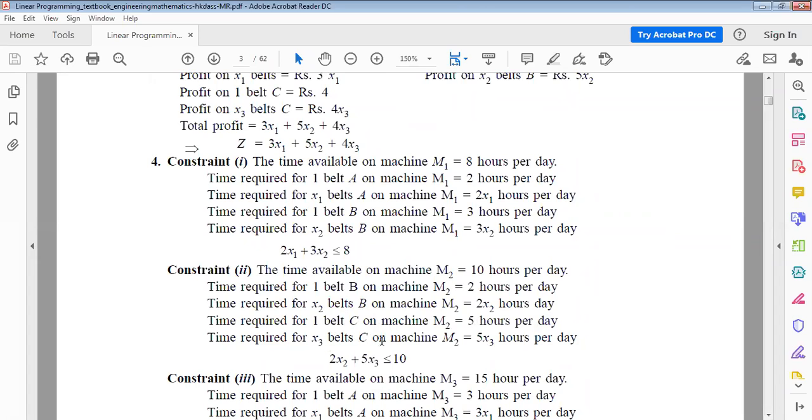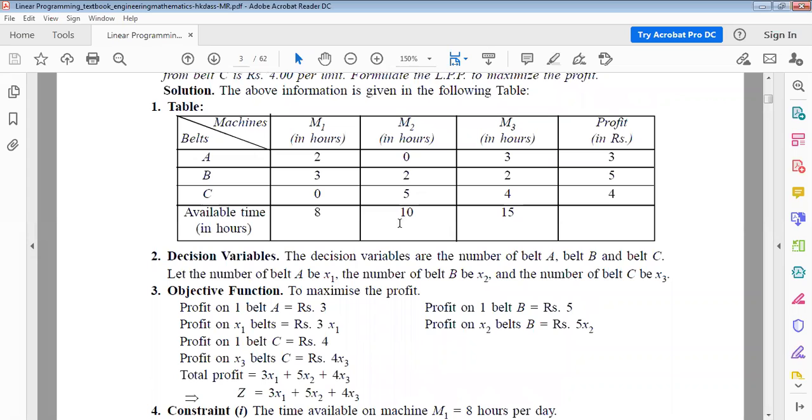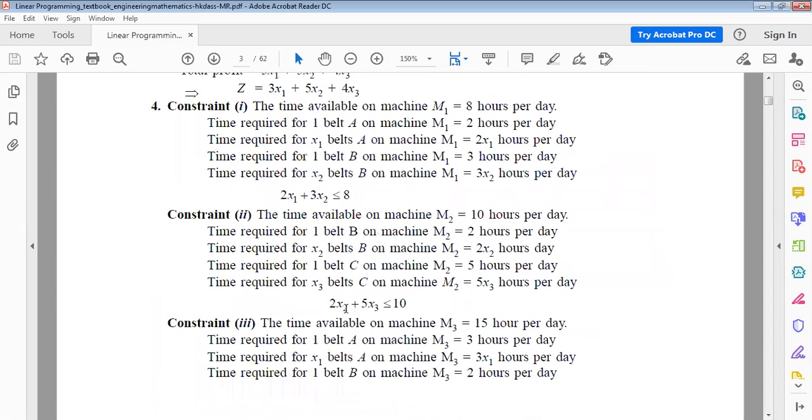One belt of C in machine M2 takes 5 hours, so x3 belts of C take 5x3 hours per day. So the total required hours for machine M2 is 2x2 + 5x3 ≤ 10, because only 10 hours are available in machine M2. The total hours cannot exceed 10.